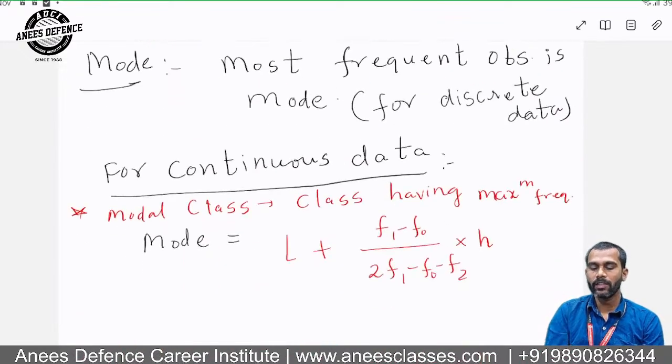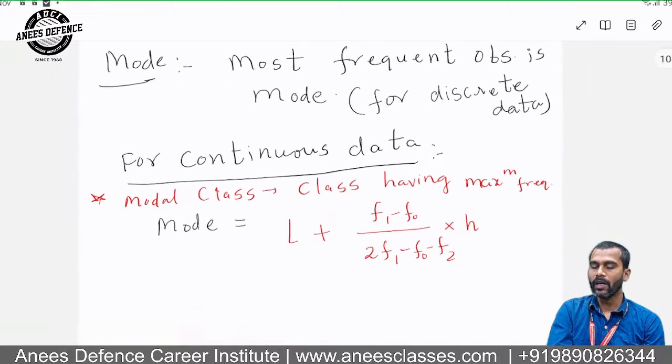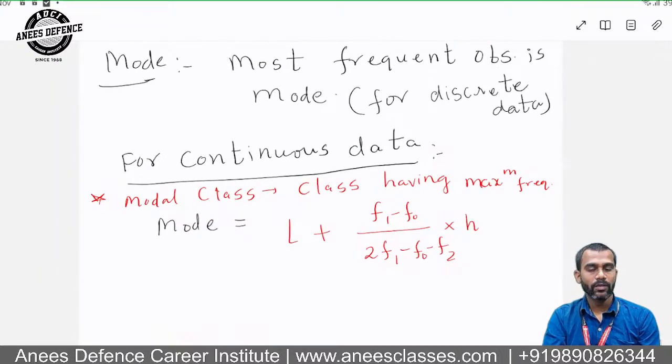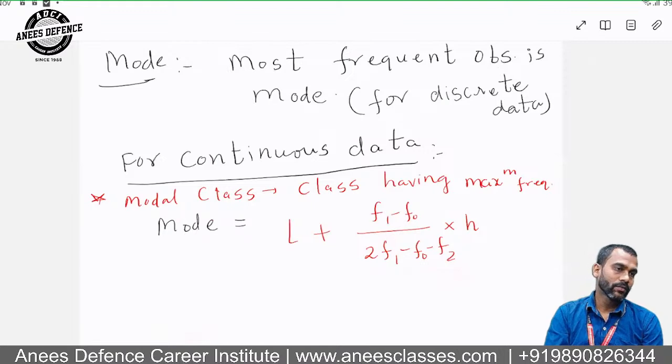Okay. So would you try the same example for mode, for continuous data? What is the formula? L plus F1 minus F0 divided by 2F1 minus F0 minus F2 into H. This is the formula. Please write it down and try to find out mode for the same continuous data.